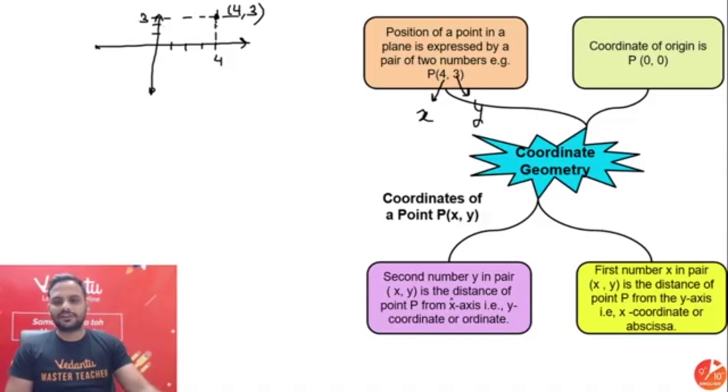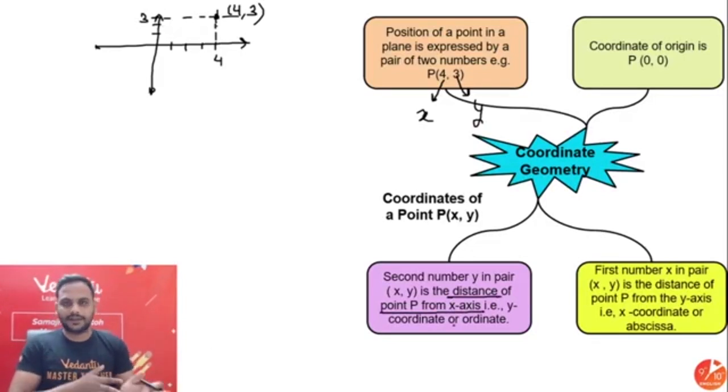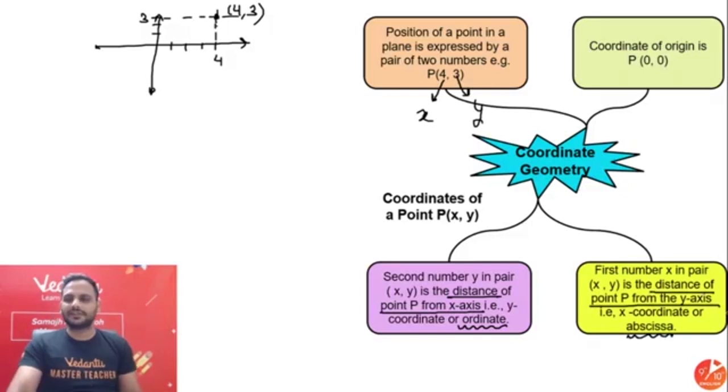This is just for the definition purpose. Distance of a point P from x axis is called y coordinate or ordinate. Another name is what? Ordinate. And for x coordinate, another name is abscissa. Definition is distance of a point P from y axis, just for the definition purpose.